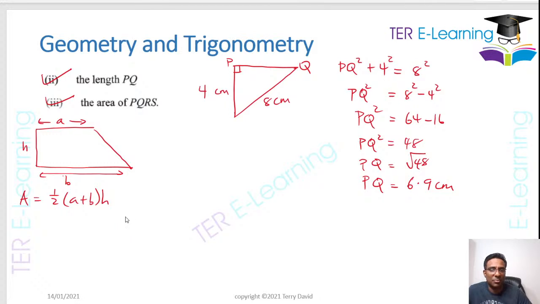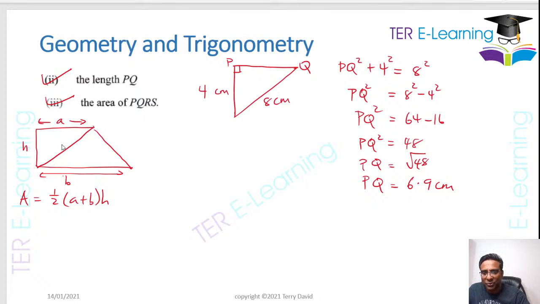They ask this question almost every year in the multiple choice, how to find the area of a trapezium, right?